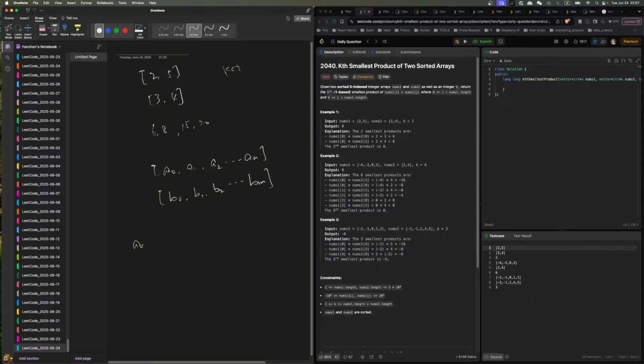So I know A0 times B0, and then suppose A0 is larger. We have them sorted, okay?